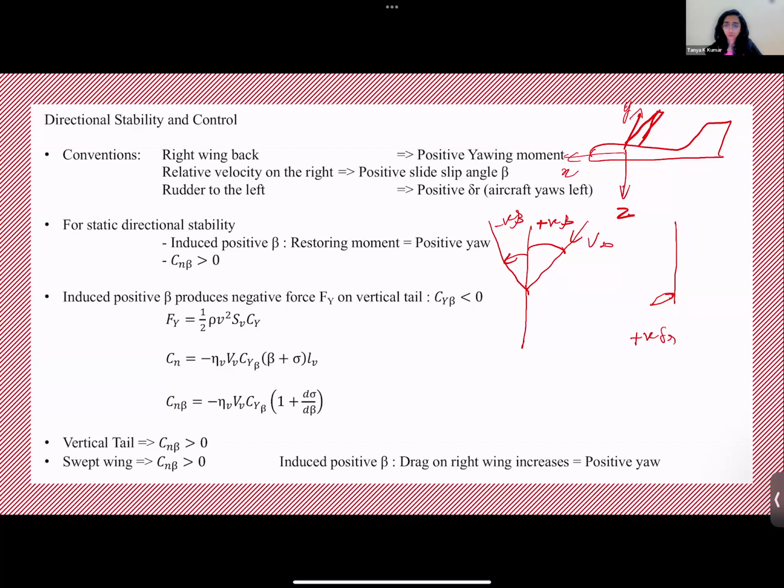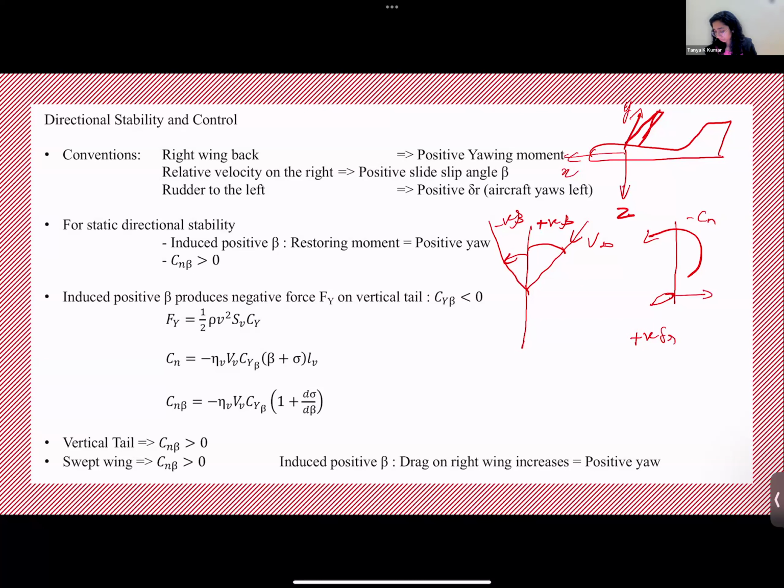Negative yaw. Okay, yeah, negative yaw, but force in which direction? Yes, it will produce a negative yaw. So you have minus Cn. Force would be on the right side. Okay, yeah.